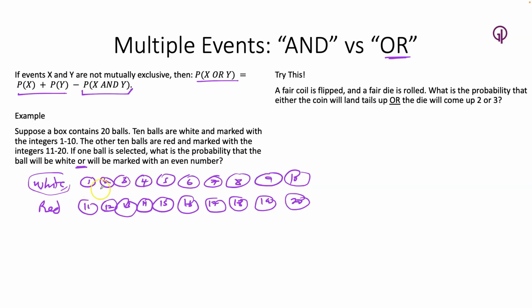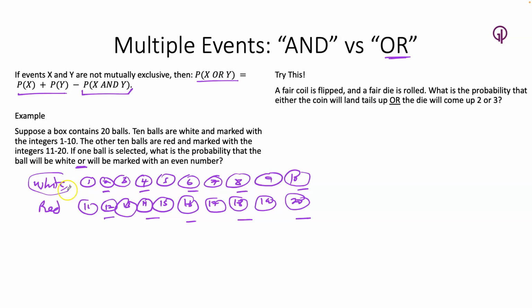So if you look at these, these are the white balls, and then the even numbers are here: 2, 4, 6, 8, 10, 12, 14, 16, 18, and 20.